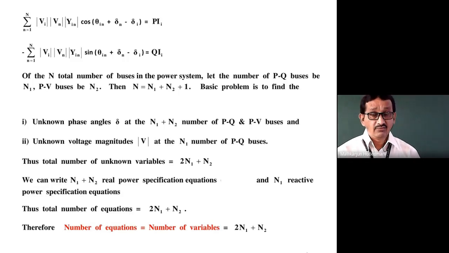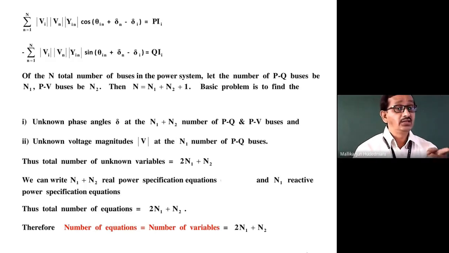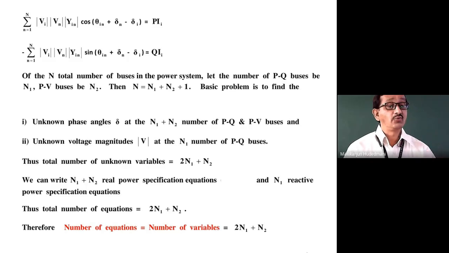That would mean from the voltage perspective, you have only N1 voltages not known, pertaining to load buses, because the N2 voltages of PV buses are known to you by the problem itself. Hence, I should say N1 unknowns are there from the second viewpoint.